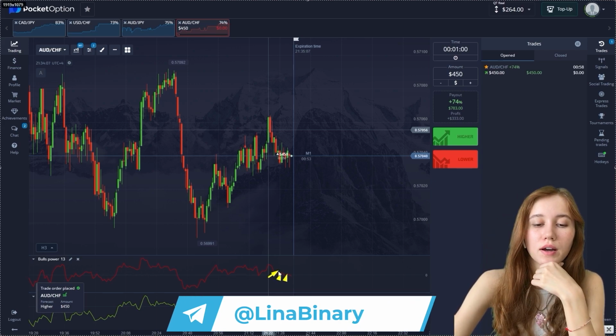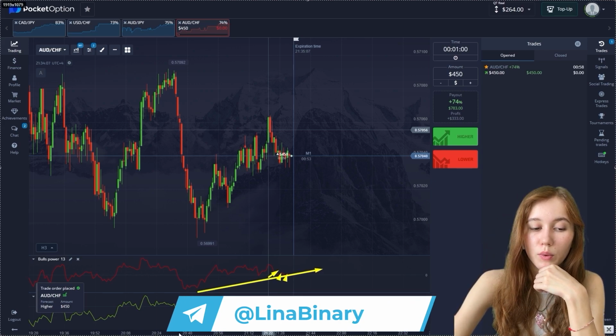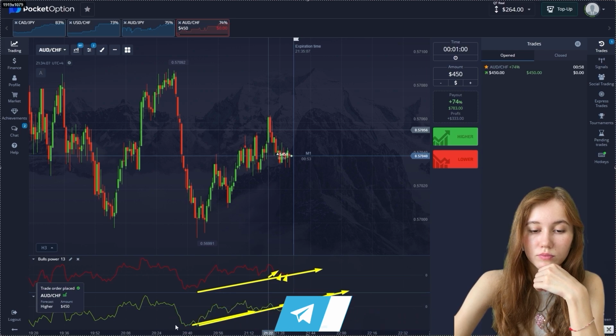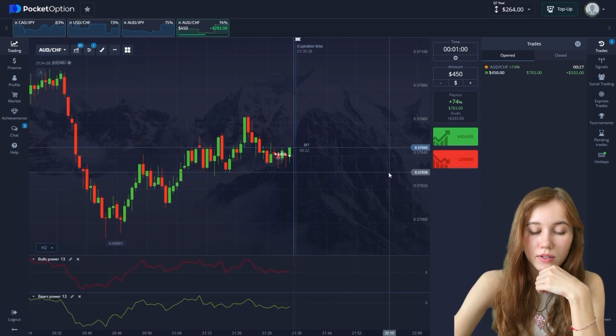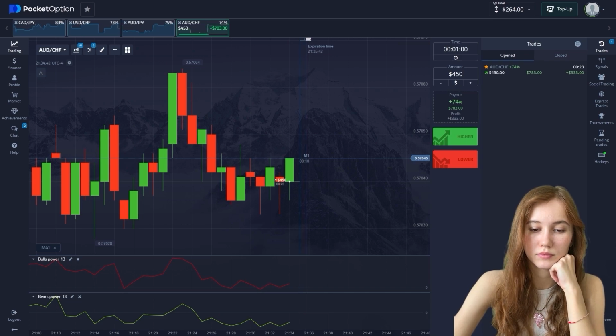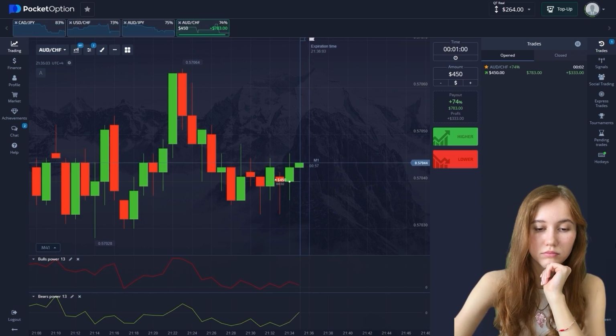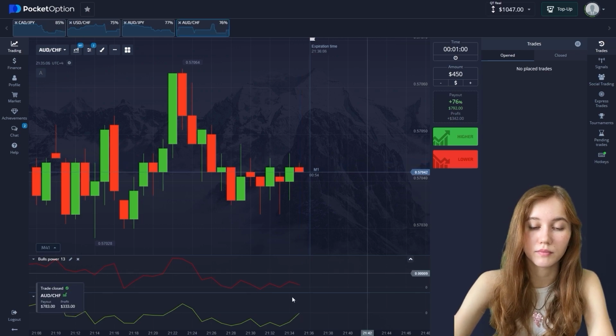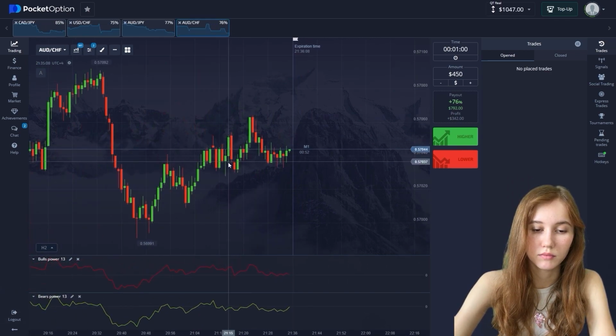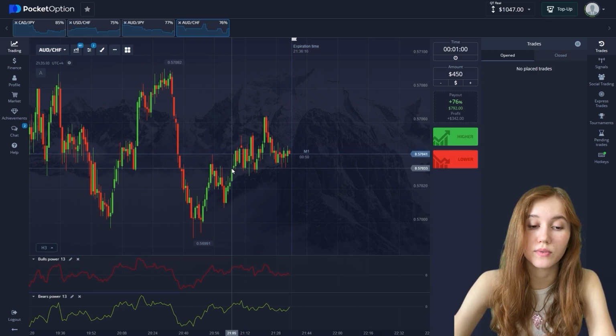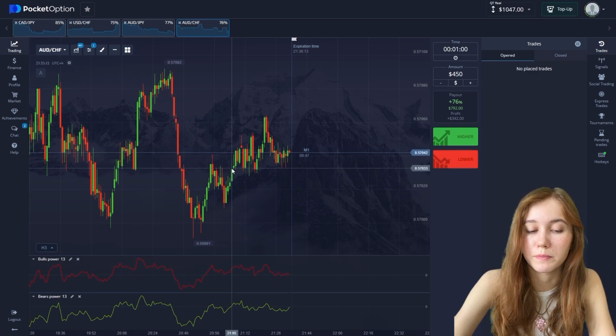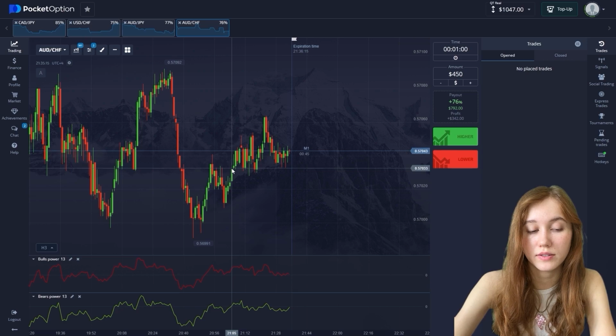We see the pairs have already headed into upper position. So let's see. Good. Our profit is $333. So I think it's our last deal for today.